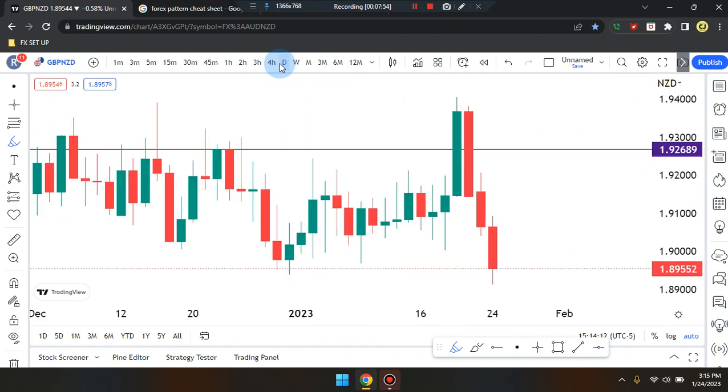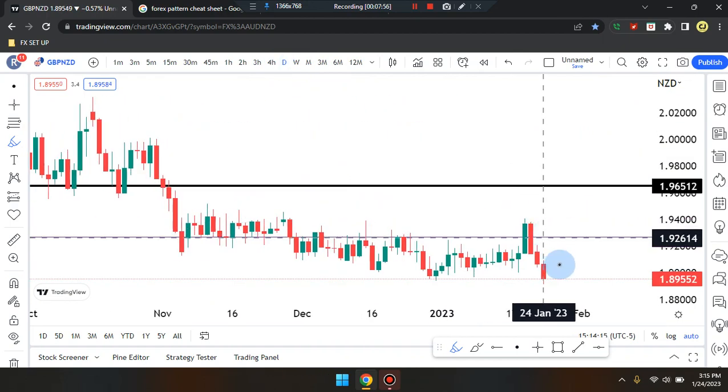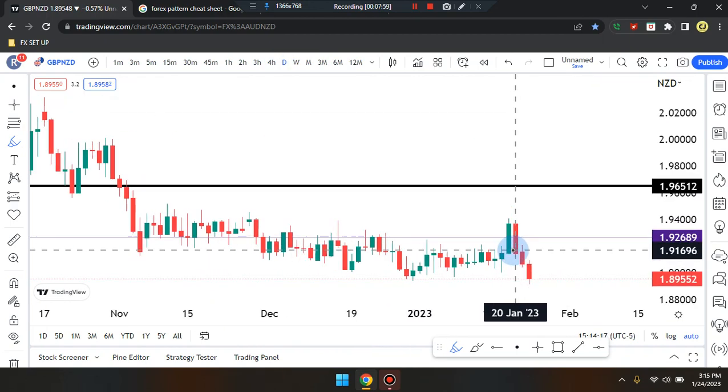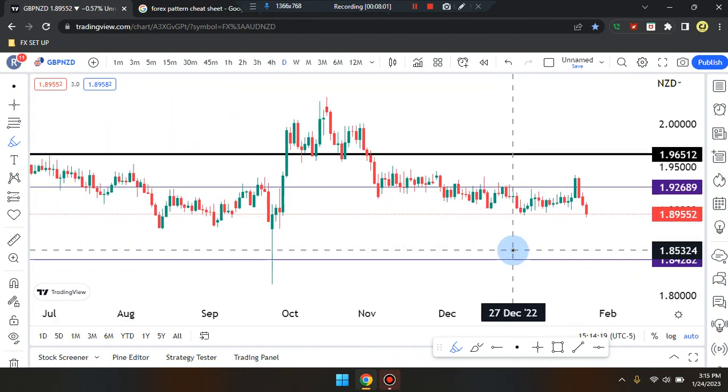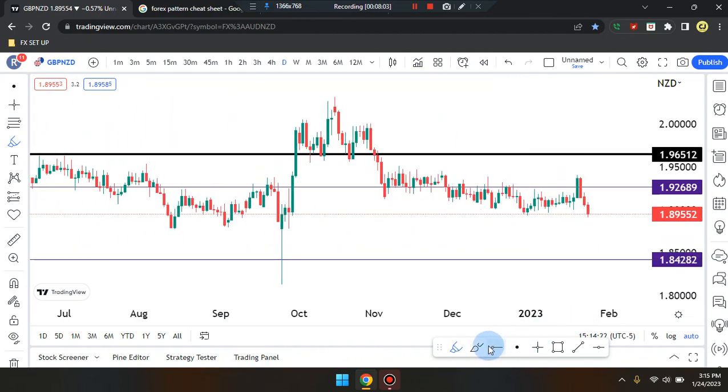Working our way to the daily time frame. So price action on the daily time frame, bearish red candle, still working its way down. So let's pull back to see the areas.